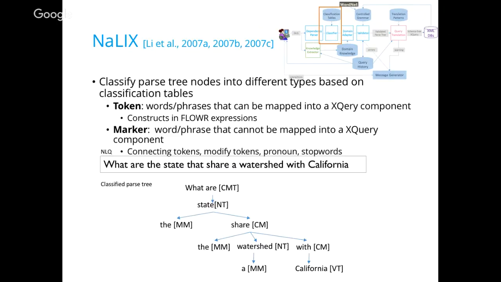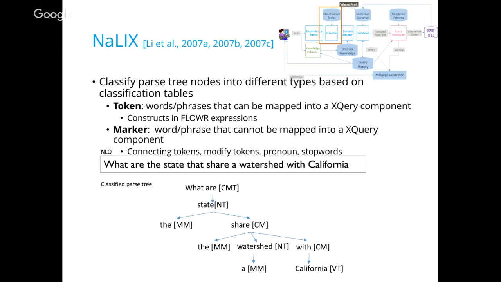So the first step is classification. When you get a path tree node, for example here, it has certain attributes associated with it, like for example, part of speech and so on. We can utilize that within this system to identify tokens, which are constructs in the FLWOR expression, because here we are working with XML.